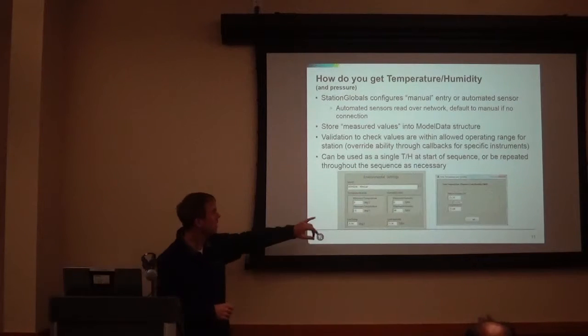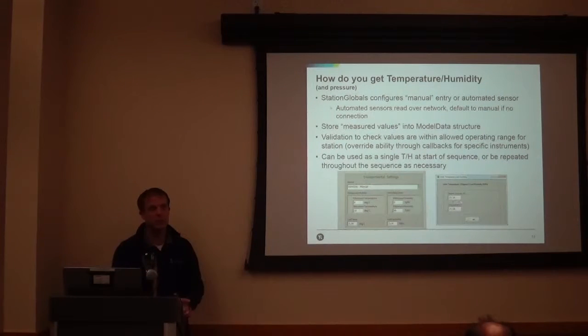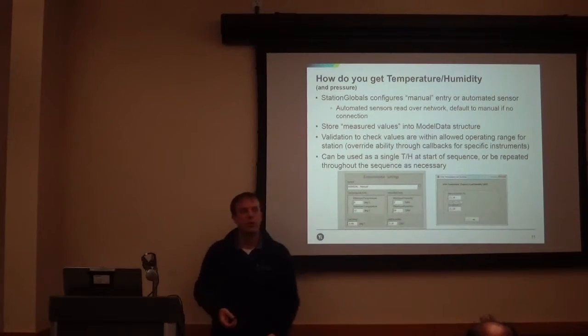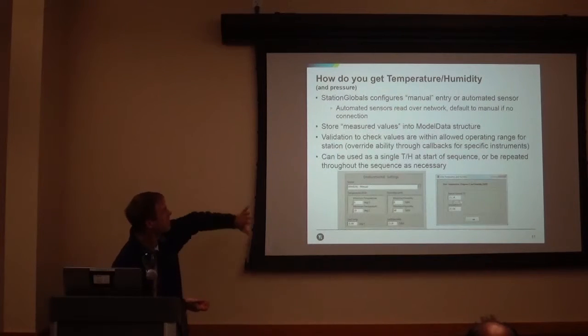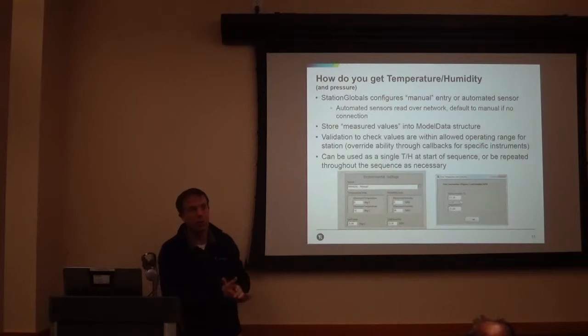We can say, hey, this station is closest to this sensor, go to the database at the start of the test and gather the data, or set up for manual mode where the operator gets to hand type in the temperature and humidity based off of whatever probe they have sitting close to their desk at that time. Then we can add into our result structure additional information about the sequence header, that we have an environmental temperature, humidity, pressure, dew point, whatever we want as part of that.